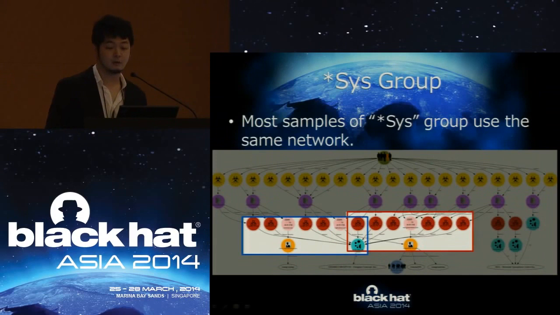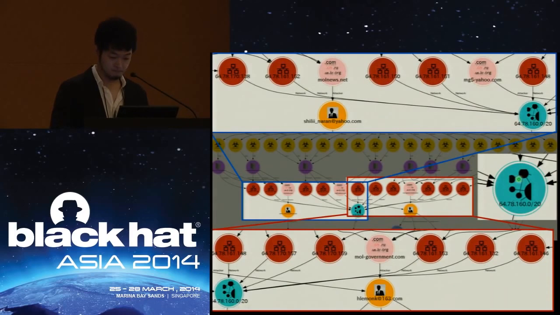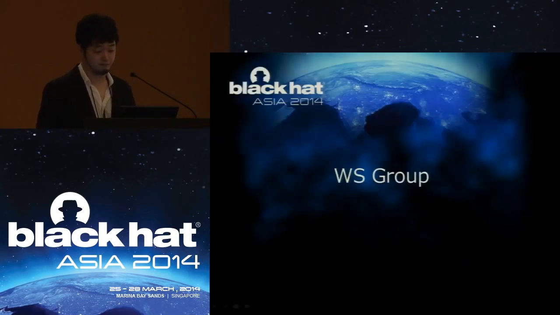Next, we can also find most samples use the same network, this network. These addresses are connected to this network. Okay, this is cis group. Next, WS group.